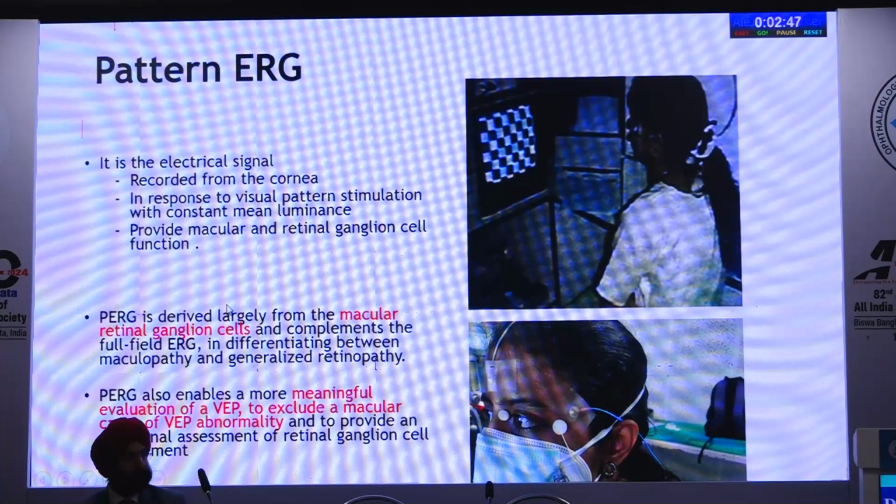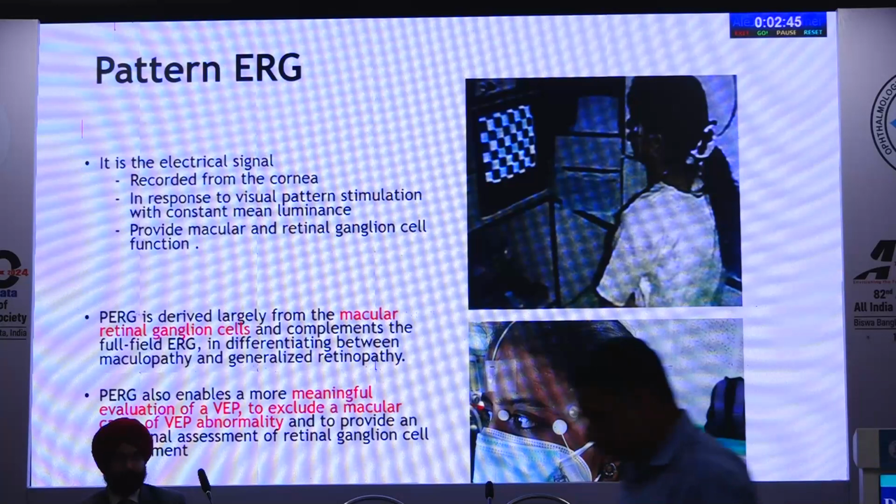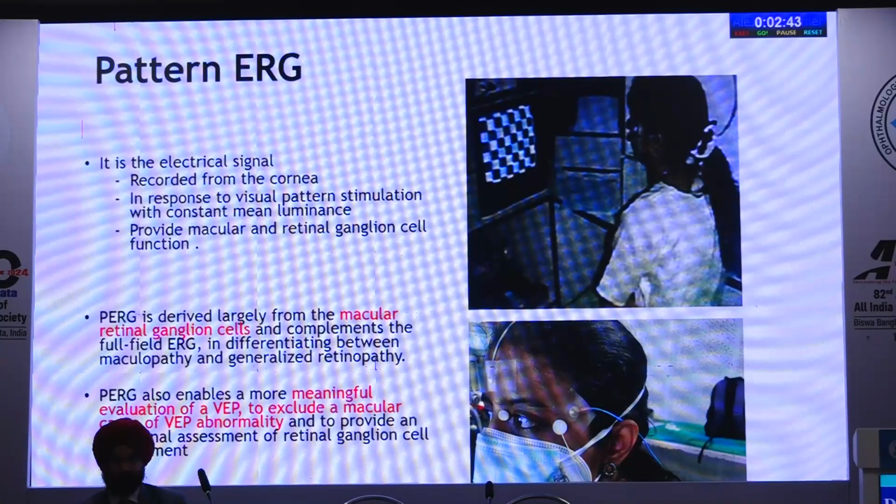So what is this pattern ERG? Pattern ERG is derived from the macular retinal ganglion cells as well as the rest of the retinal ganglion cells. So why is VEP alone not enough to detect a neurological dysfunction? Because VEP is predominantly from the occipital lobe, and the majority of the occipital lobe is from the macular area. We know that 60% of the occipital lobe is subserving macular function.